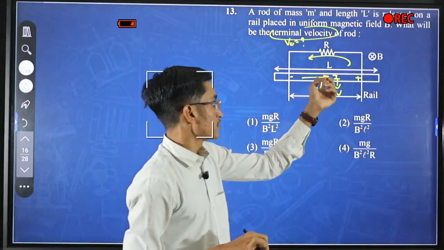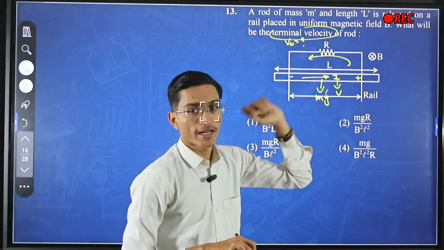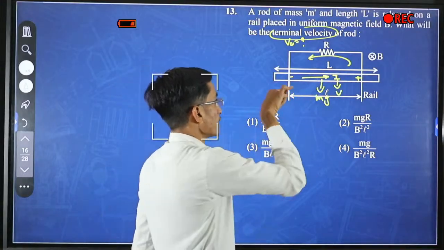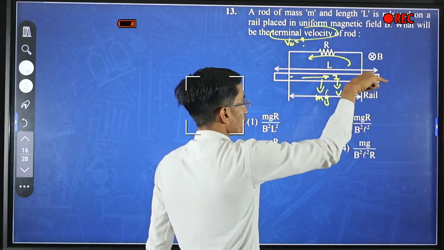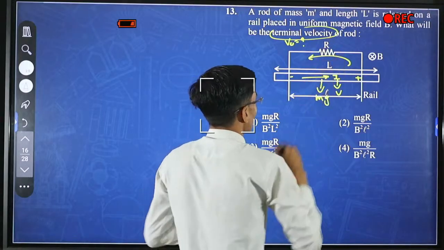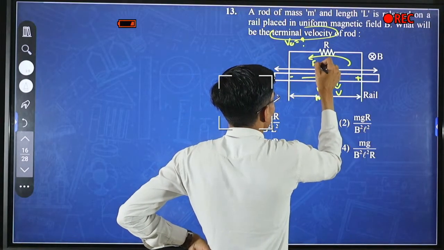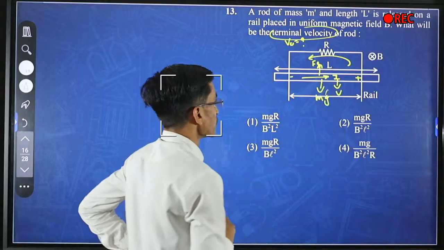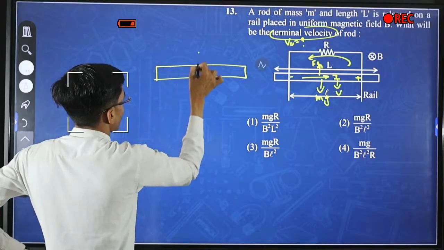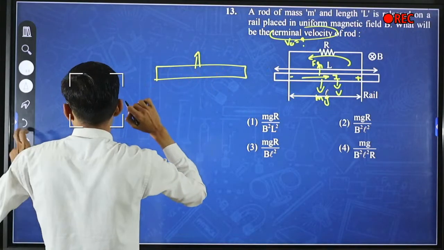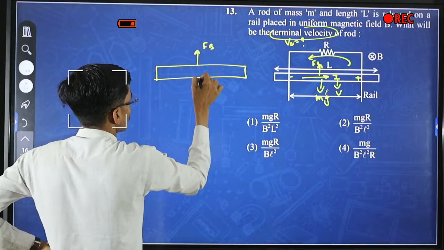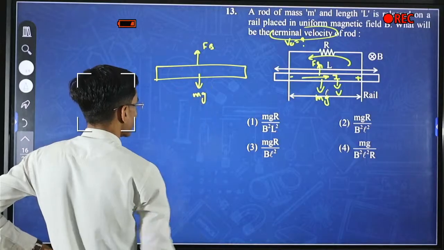After getting the direction of current, we will find the direction of the magnetic force acting on the current carrying wire. So I is going across the magnetic field, which is inside. So I cross B will be upward, so the magnetic force will act in the upward direction. The magnetic force is acting upward and mg is acting downward.